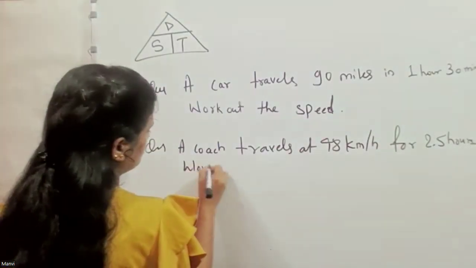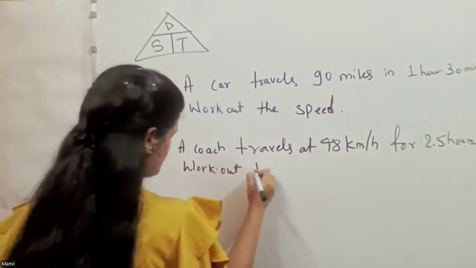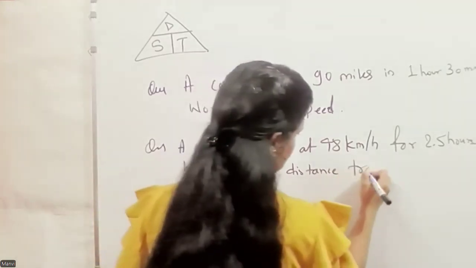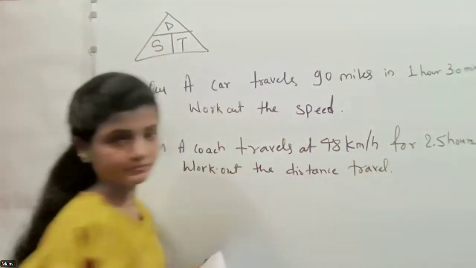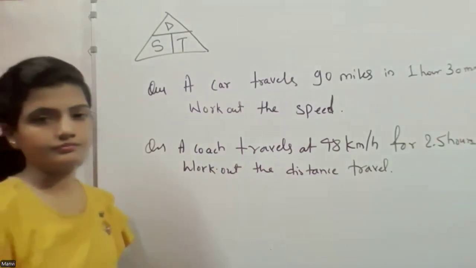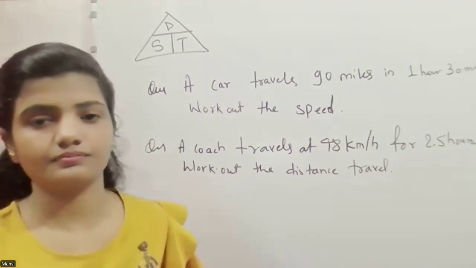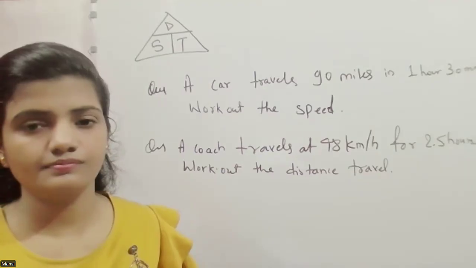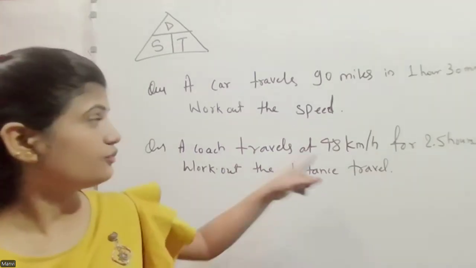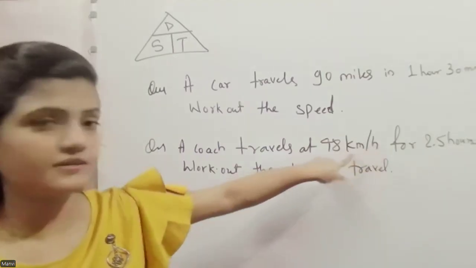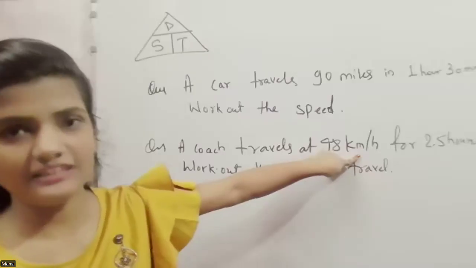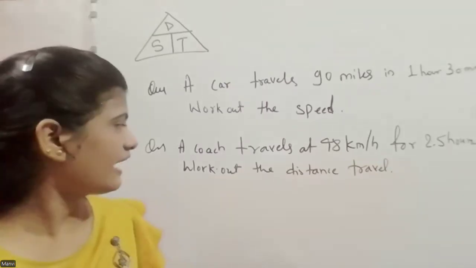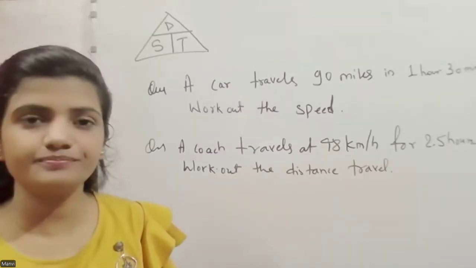You need to work out the distance. Coach travels at 48 kilometer per hour. This is what? Speed, and that is 48. 2.5 hour is time. And you need to calculate the distance. Very easy.